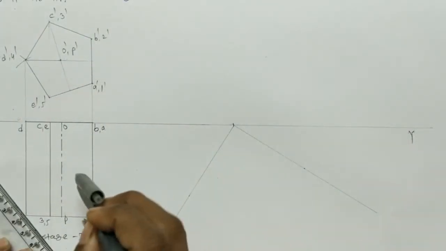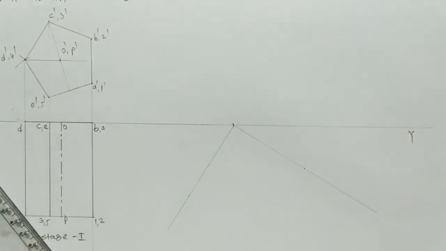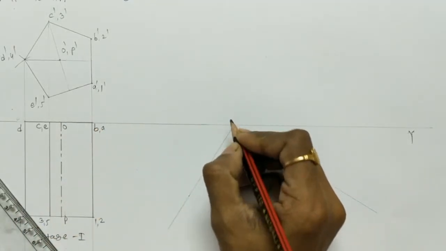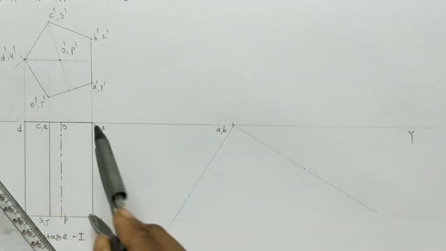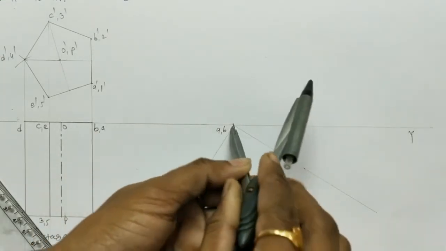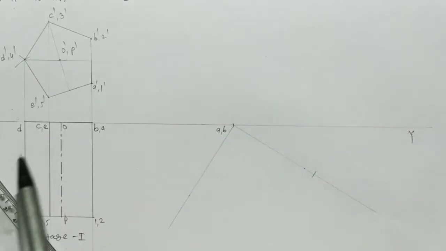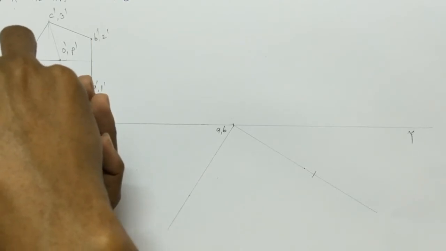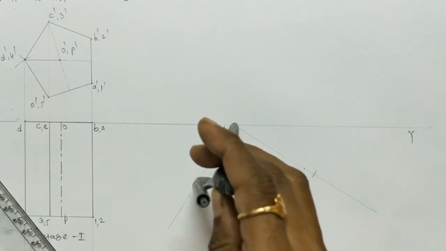Now measure the distance in the compass. This is the point AB. This shows points A and B. I have measured this distance in the compass, and now take it on this side. Also from AB take this horizontal distance up to D and draw from this.